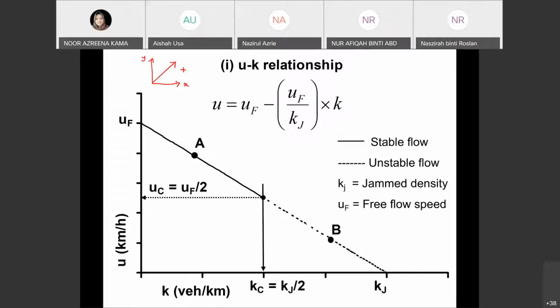We know that the linear relationship is the standard y equals mx plus c.